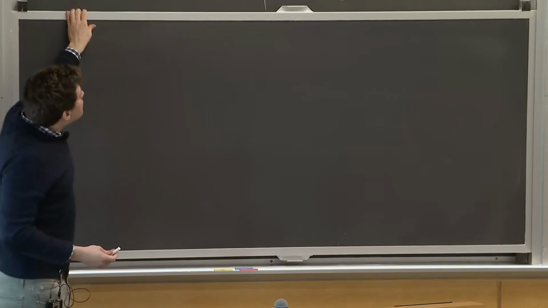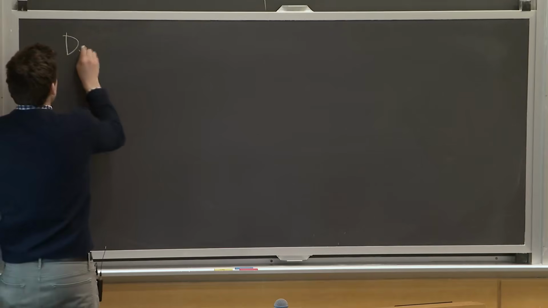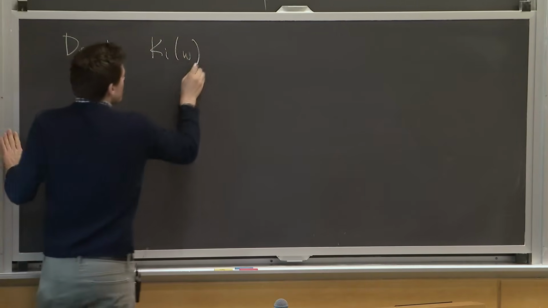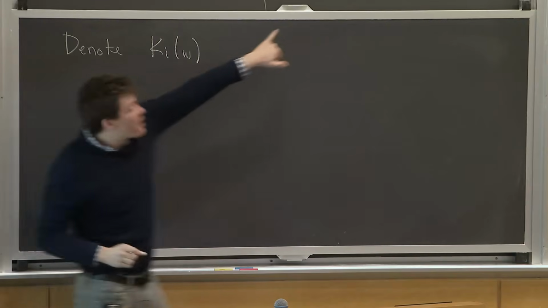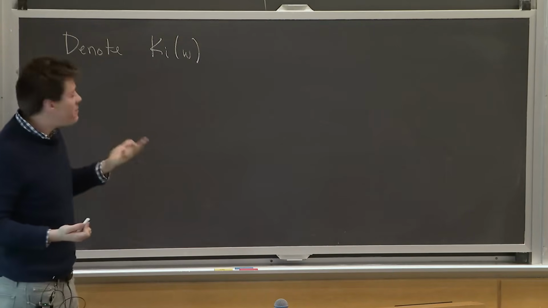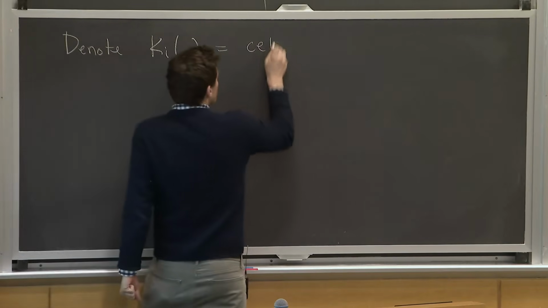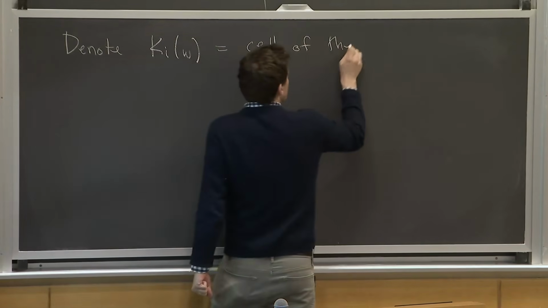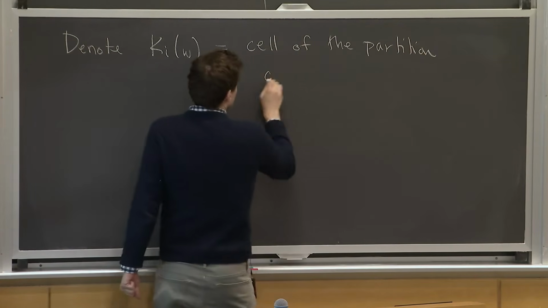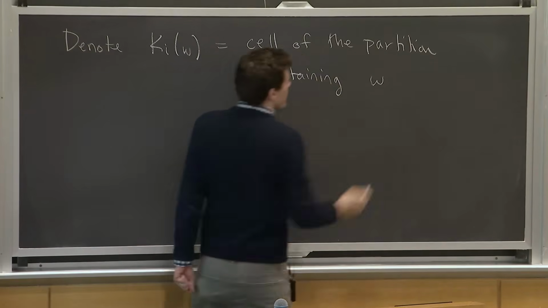Now, it's convenient to then introduce or denote Ki of omega to be the cell of the partition that contains state omega. This is just a definition that's going to make it a bit easier to reason about these things. So this is going to be, informally, the cell of the partition containing omega.